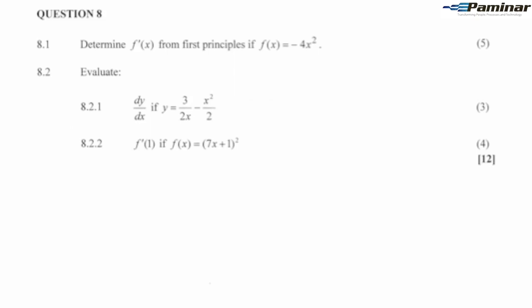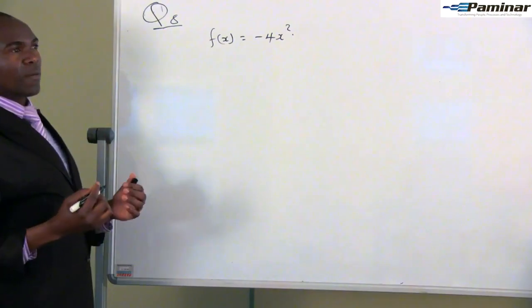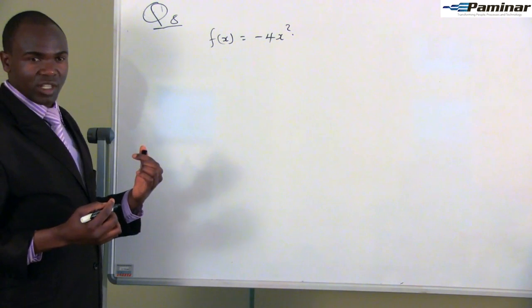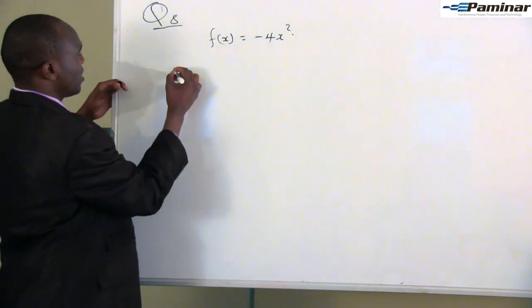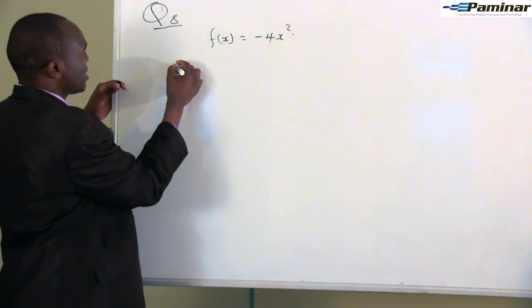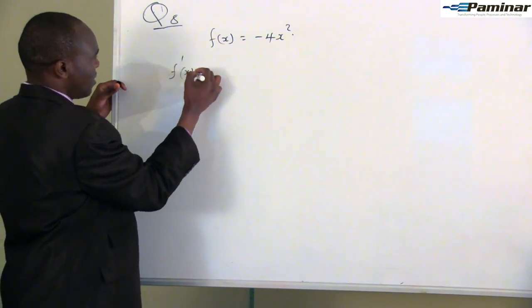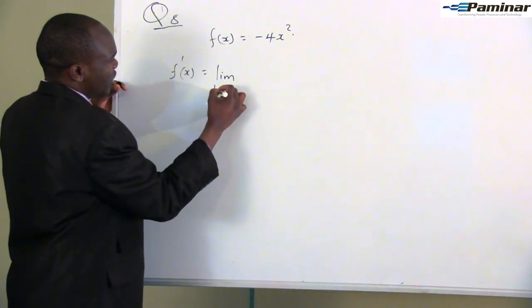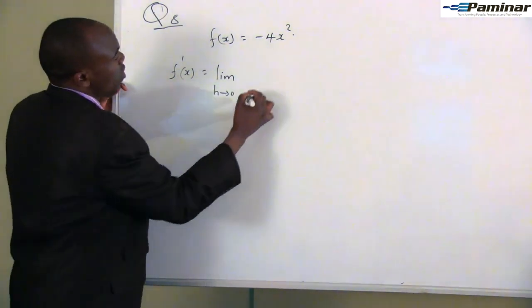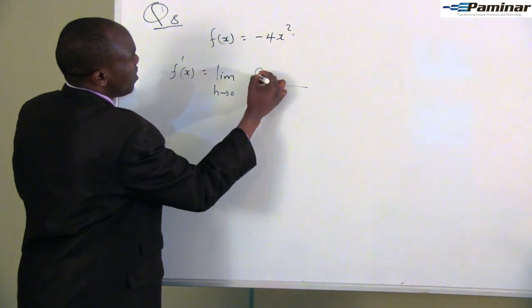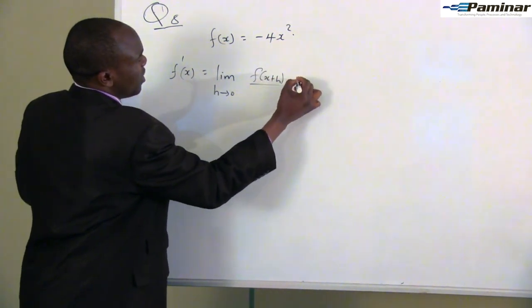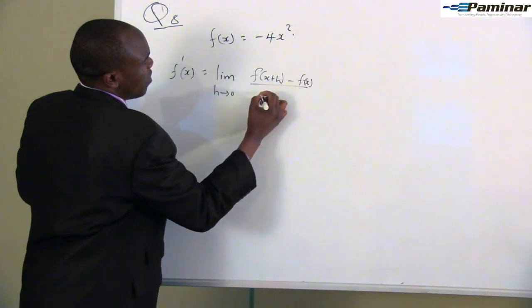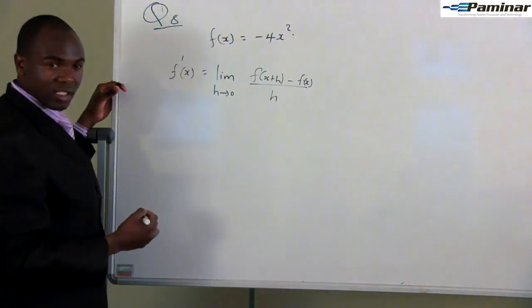Now it says that f of x is minus 4x squared. Now using the first principles, we say f prime x is the limit as h approaches 0 of f of x plus h minus f of x all over h, like this.